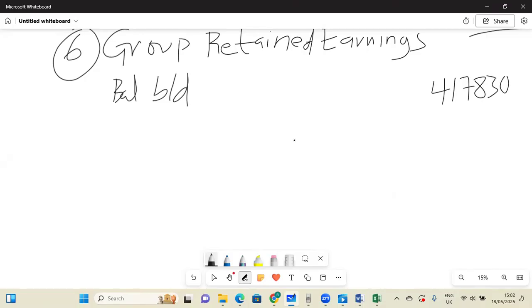Now, the next thing we are going to do is bring his share of PAP, where the PAP is the post-acquisition profit, which is 720. Now, because NCI wasn't valued at fair value, we will charge all the impairments to this group retained earnings.